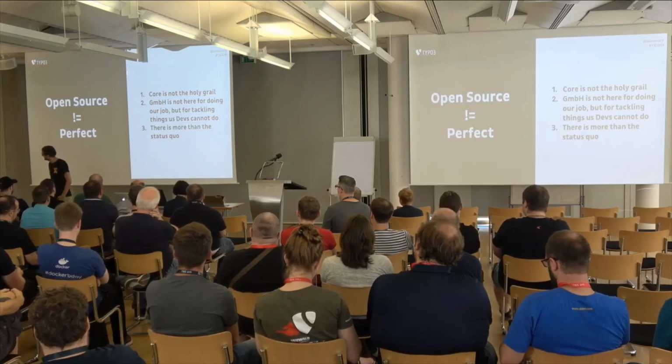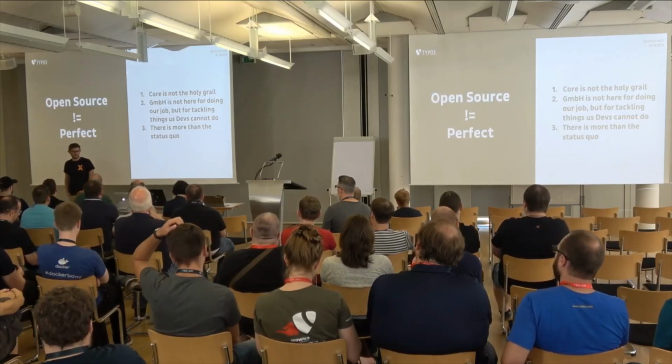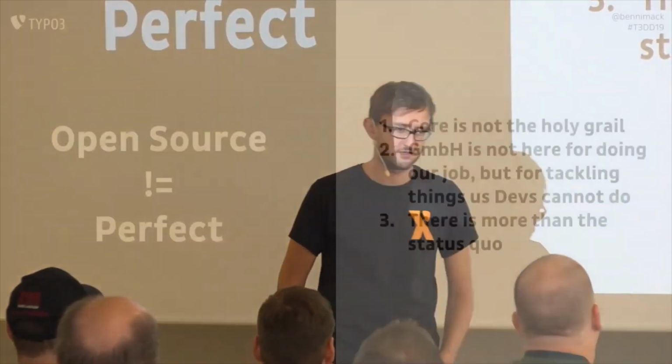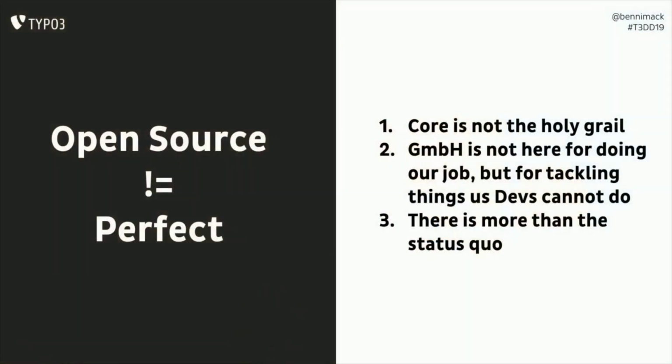One last topic in this area is that open source does not mean it's perfect. Core is not the holy grail like Indiana Jones thinks. Core is not perfect. We all know that. And GmbH is not here for doing our jobs.